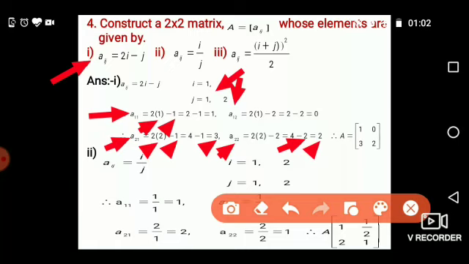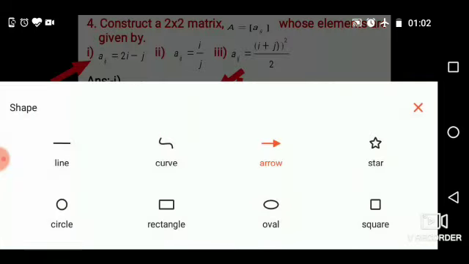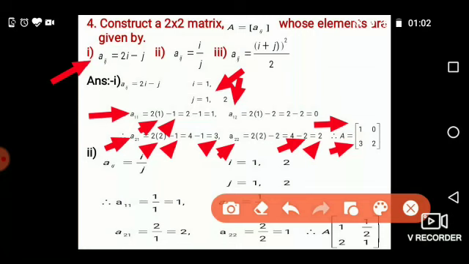Therefore, matrix A is equal to, having the 4 elements, in the first row 1 0 and second row 3 2. Students, this is the question for 1 mark. Therefore, by oral calculation we can find the matrix A. We can represent directly A is equal to 1 0 3 2.